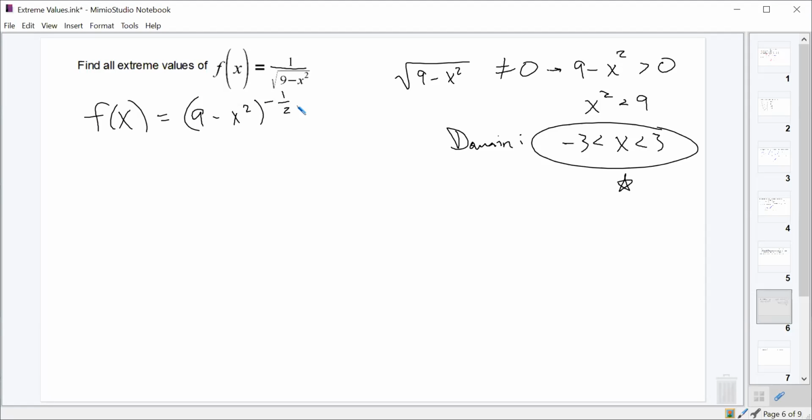I think that makes the derivative a little bit easier to find, because now this is just u to the -1/2 with u equal to 9 minus x squared. And so the derivative ought to be -1/2 of u to the -3/2 times the derivative of u, which is -2x. Everybody okay with that so far?